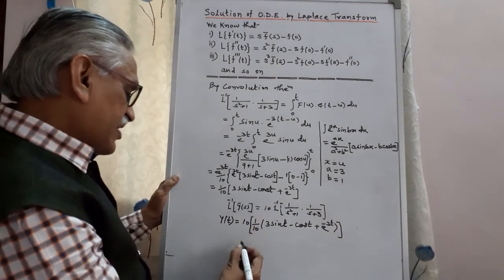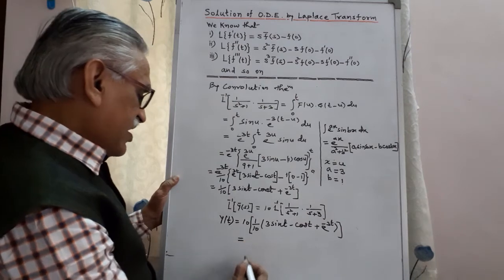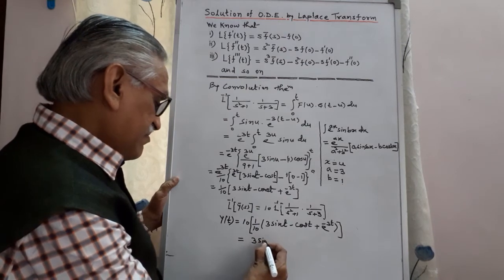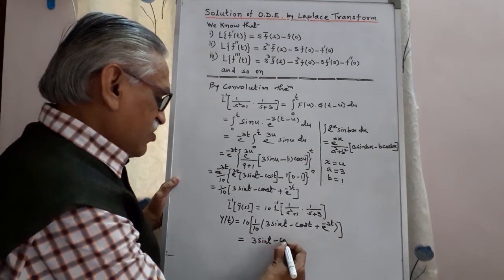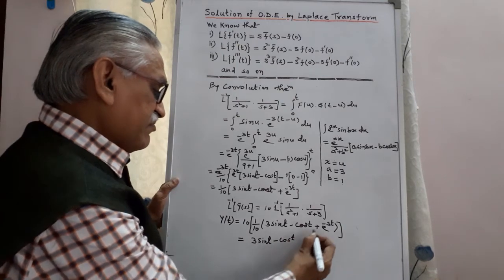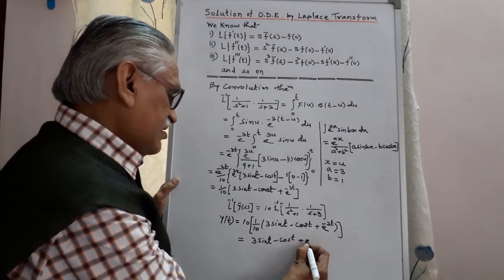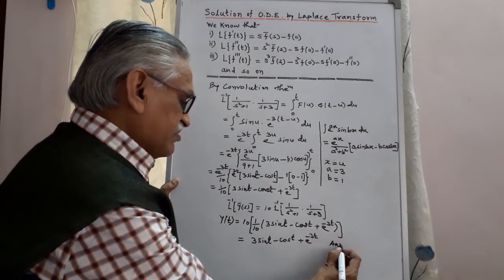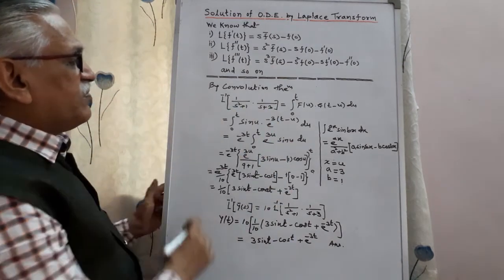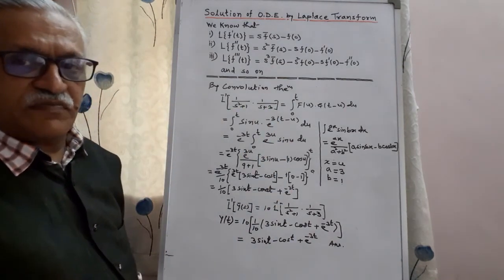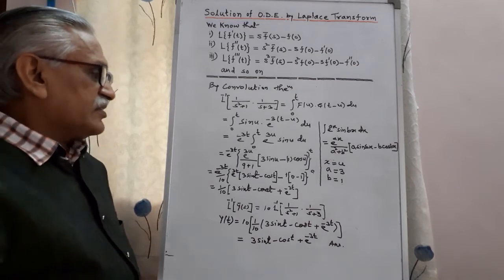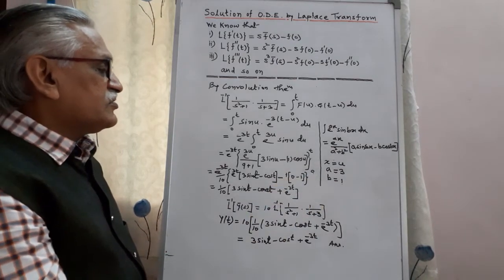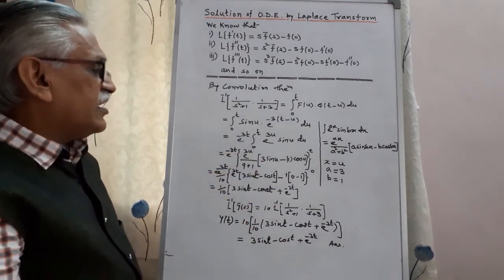So this 10 gets cancelled and we get the required solution as 3 sin t minus cos t plus e raised to minus 3t, the required solution of the given differential equation. Therefore, for this example, this result is important to find the value of this integral.